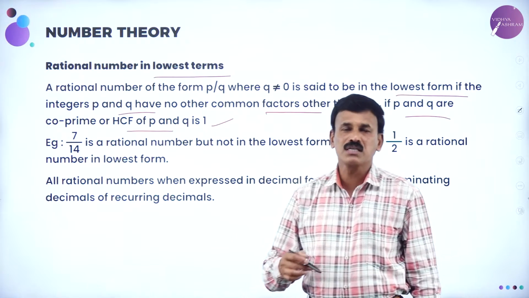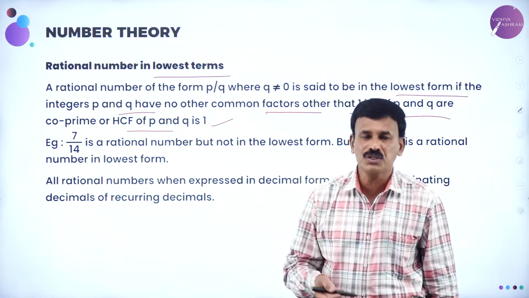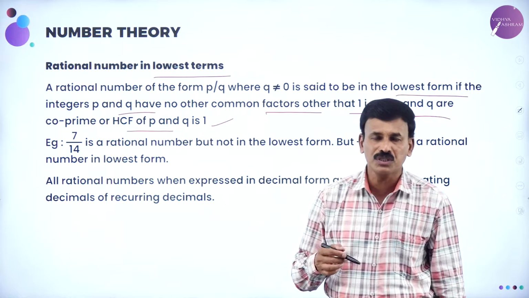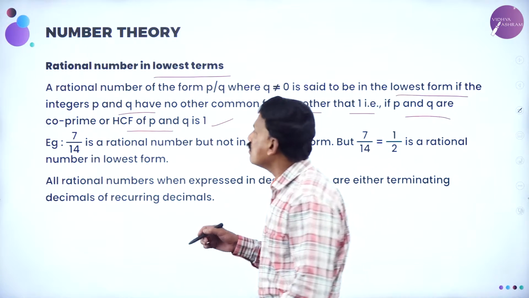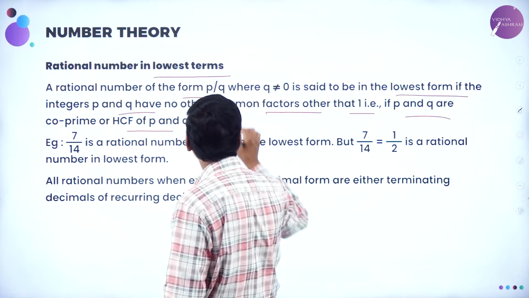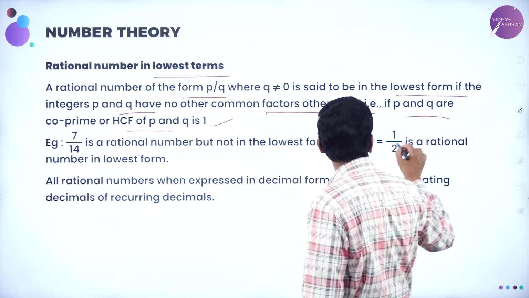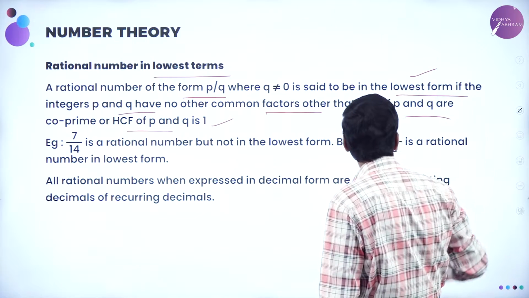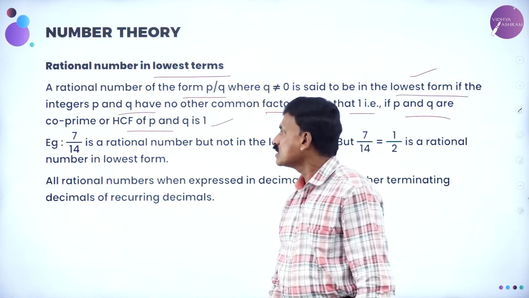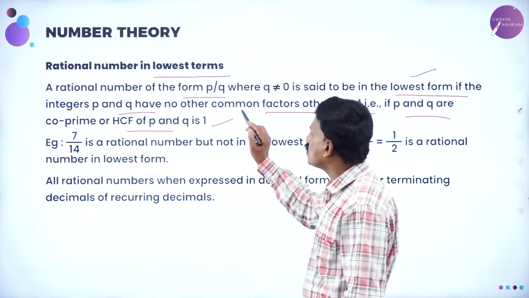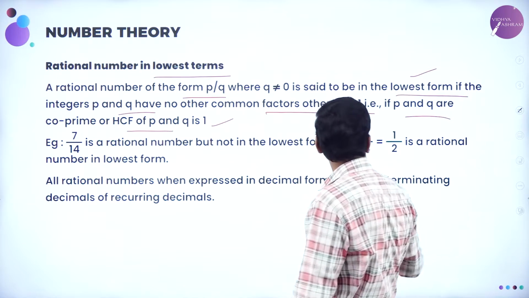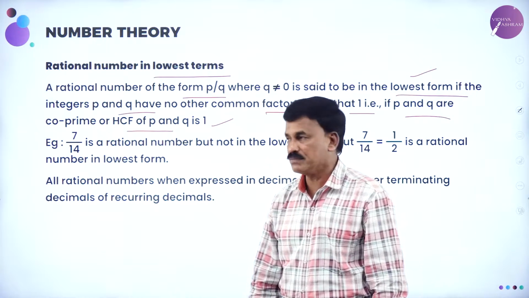If the numbers don't have factors other than 1, then such rational numbers of the form p by q are called rational numbers in the lowest form. That is, if the HCF or GCD is equal to 1, that is co-prime, relatively prime numbers.